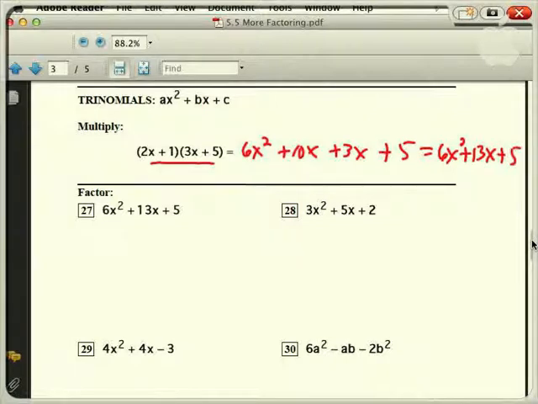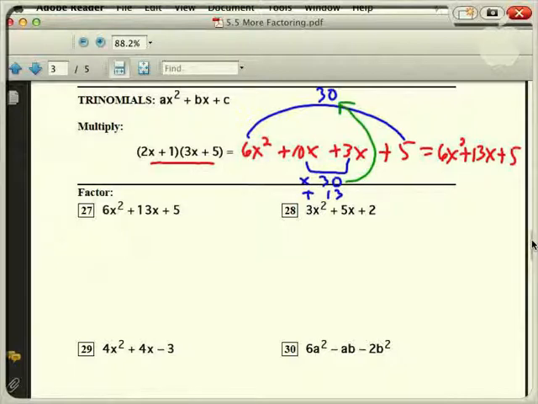Some observations. You notice if you multiply these two numbers, you get 30. If you multiply these two numbers, you get 30. And they also add up to 13. You notice this number 30 matches that number, and this number 13 matches that number.